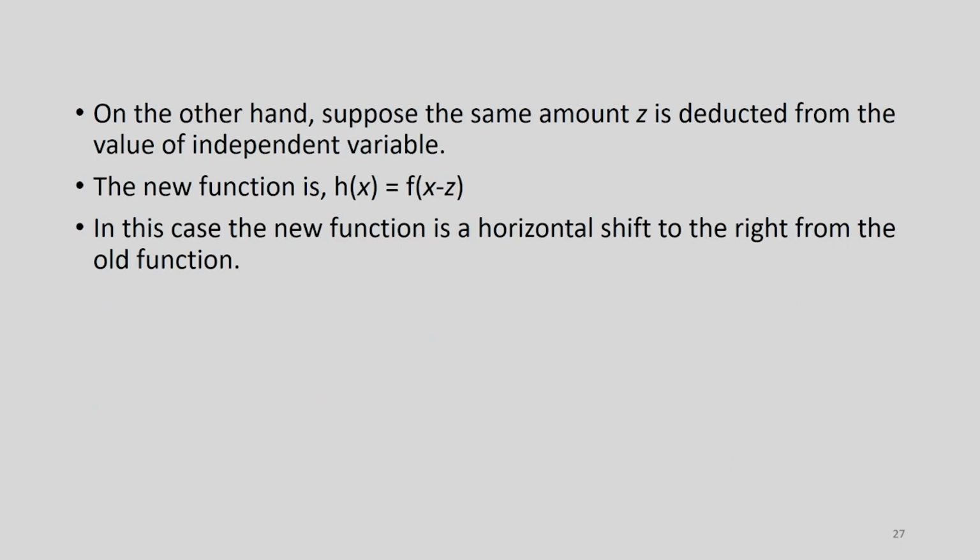On the other hand, suppose the same amount z is deducted from the value of the independent variable. So, the new function here is h x is equal to f of x minus z. So, the value of the argument is changing and it is declining by a constant amount, which is z. Here also the function will shift, but it will be a different kind of shift.